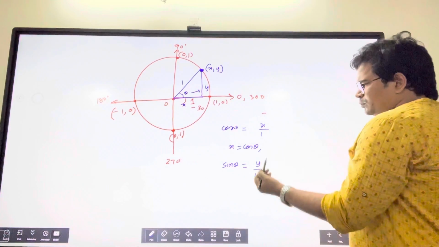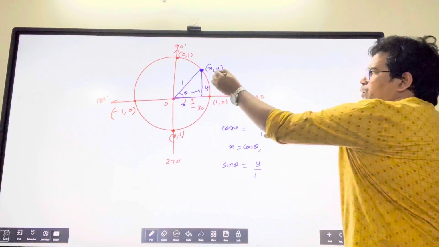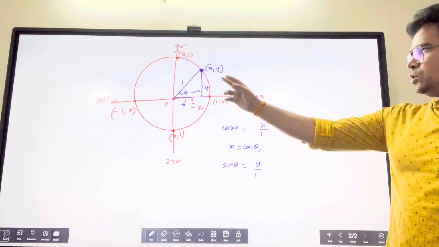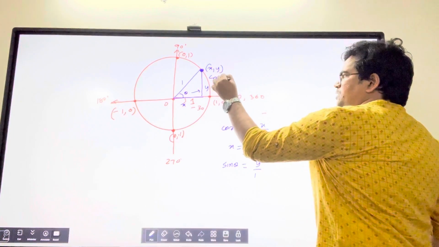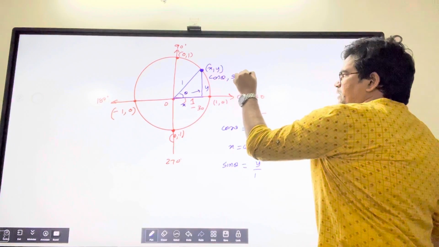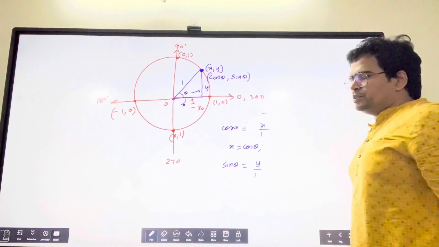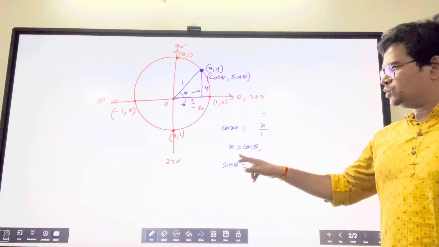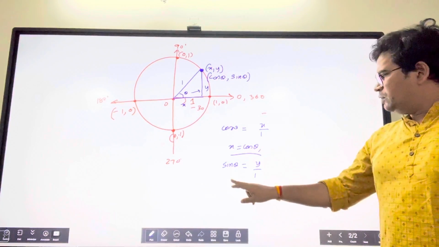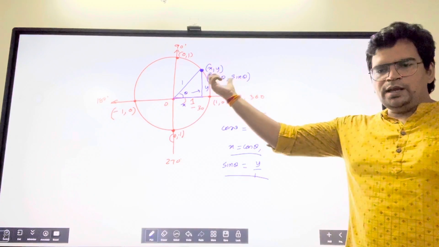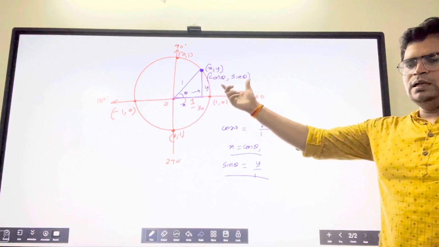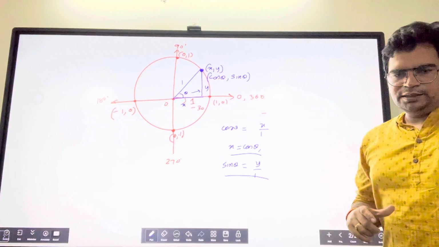So whenever you're writing the general coordinate of any point, either you write x comma y, or you can write this as cos theta comma sin theta. Since the x coordinate is given by cos theta and the y coordinate is given by sin theta, the general coordinate of any point along this unit circle becomes cos theta comma sin theta.